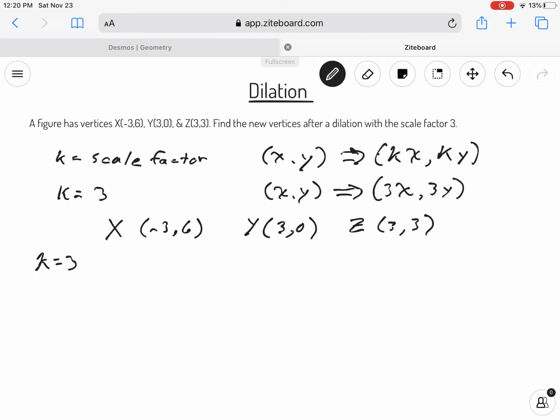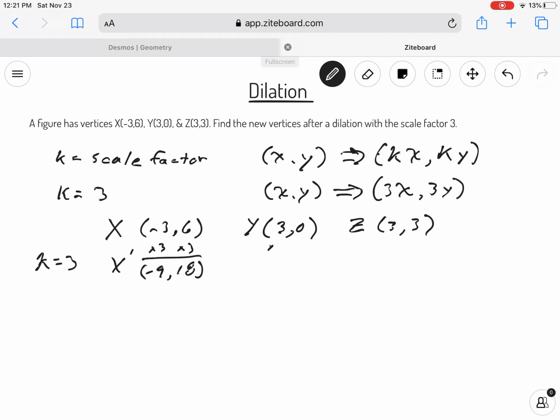So that means, I'm going to call my new point x prime. Multiplying both these by 3, I get a new point of -9 and 18.